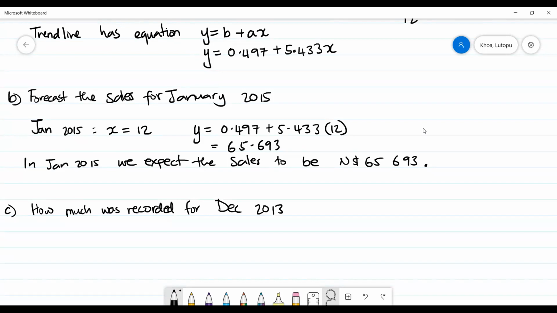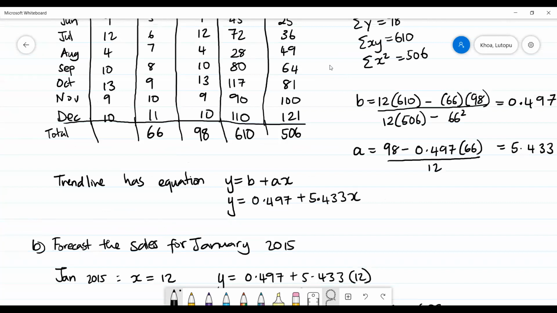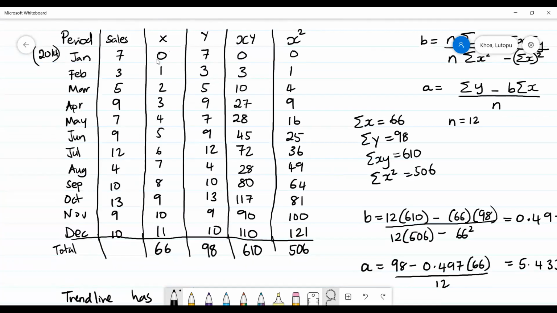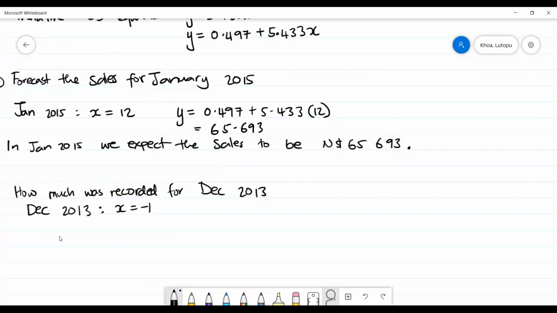Okay, so it's like we're forecasting, but back in the past. Let's say we didn't have the data for 2013, so we can still say, okay, in 2013, that is how much we had. So we do it in the same way. December of 2013, this X value would be -1, because if you look at your table, January of 2014 is 0. So we're going back 1 month. So 0 minus 1 is -1. Our X value is equal to -1.